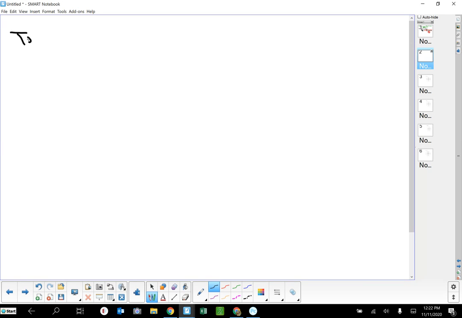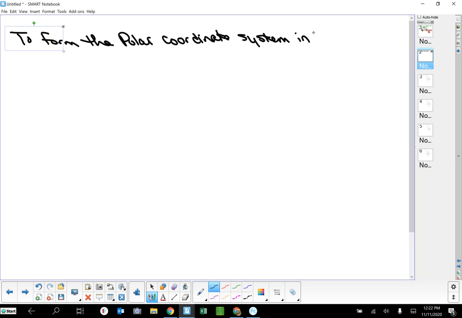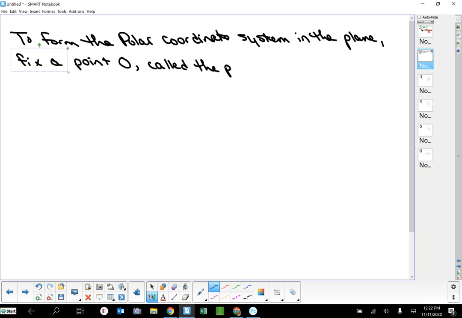So to form the polar coordinate system, just so you have some background in what's happening. In the plane, fix a point O called the pole or the origin.